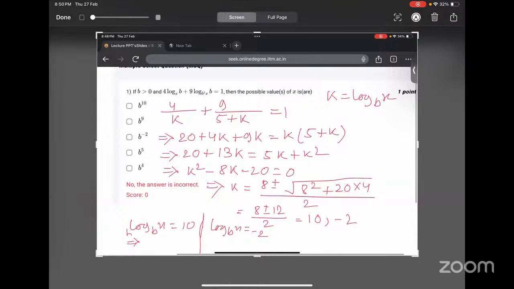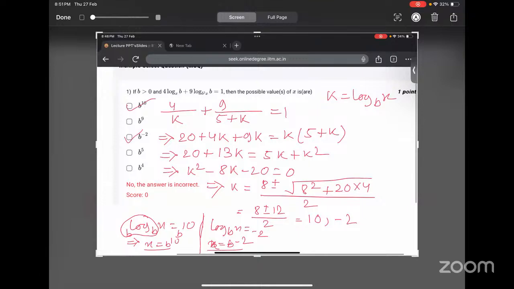We can take b here and here. This will be 1, right? x equal to b to the power 10 or b to the power minus 2, yes, minus 2, not half. So these two are the values. That means this and this option are the correct options.